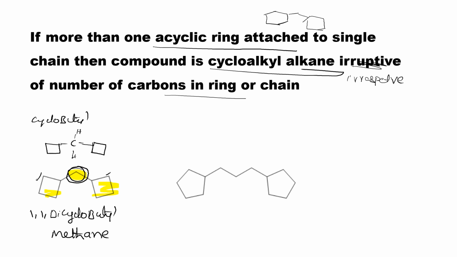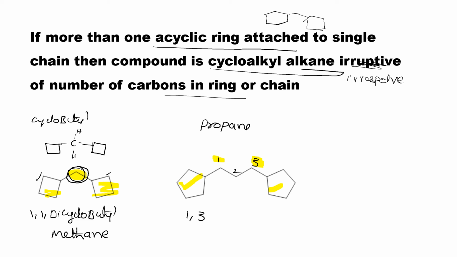Coming to the next one, the numbering is 1, 2, 3. The parent chain is propane. For the propane, at the first position and third position, these rings are attached. Hence, it should be written as 1,3-di.